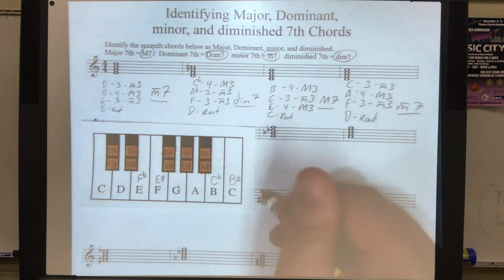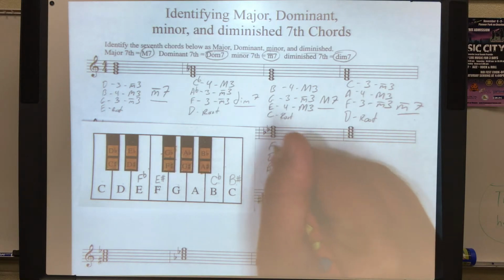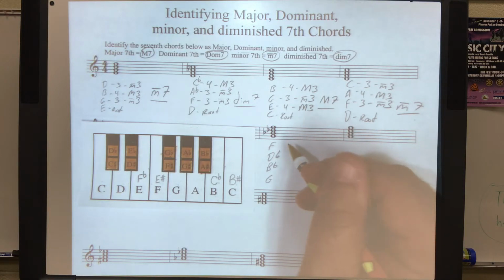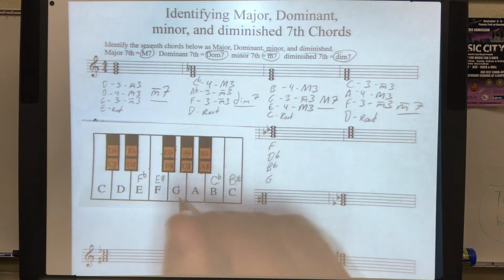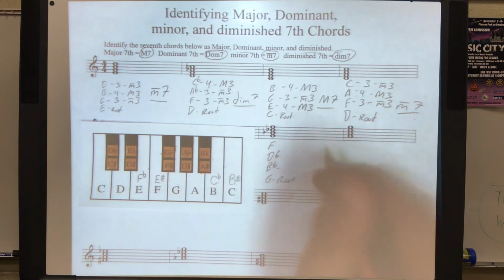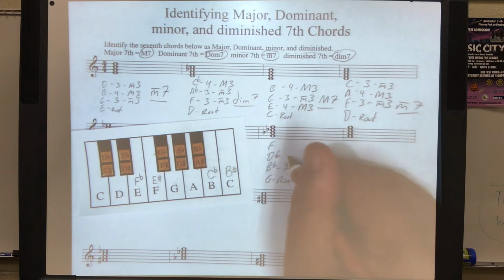Now we've got G, B flat, D flat, and F. G is the root, G to B flat, 1, 2, 3 half steps, minor third. B flat to D flat, 1, 2, 3, another minor third.